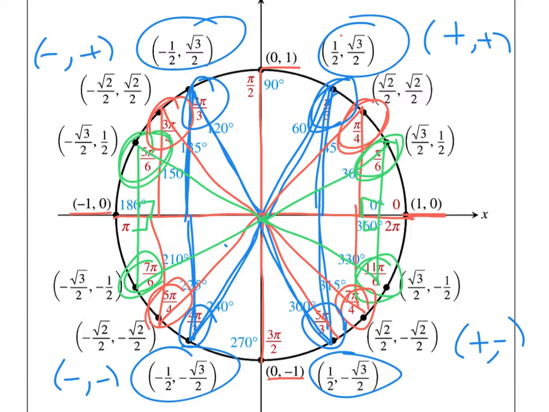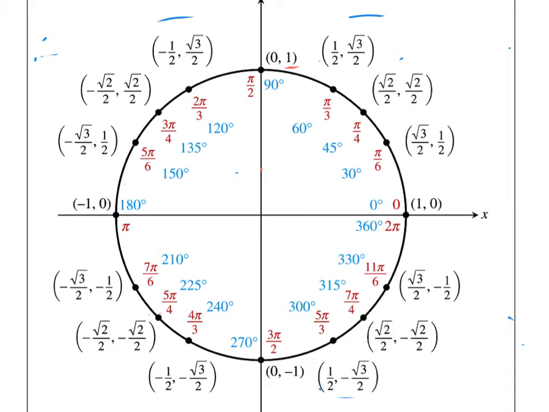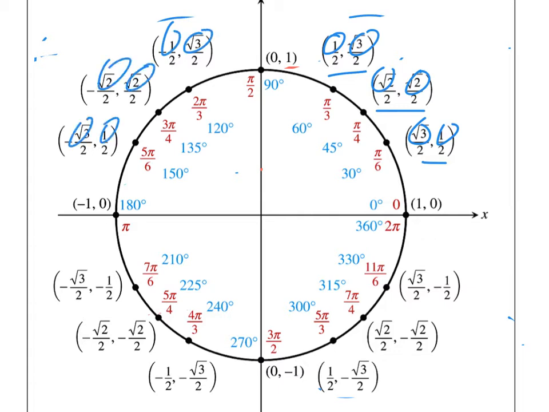Alright, so let's look at some other patterns on here. Let's look at the fractions. Notice all of my fractions are over 2. Look at your numerators. I have 1, 2, 3, 3, 2, 1. What happens below? Now I go 3, 2, 1, 1, 2, 3.